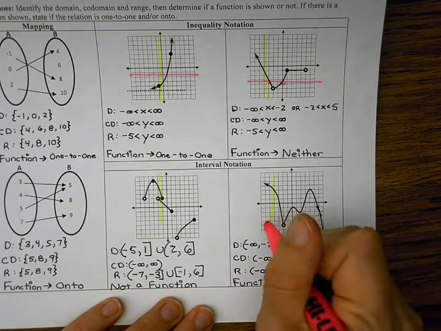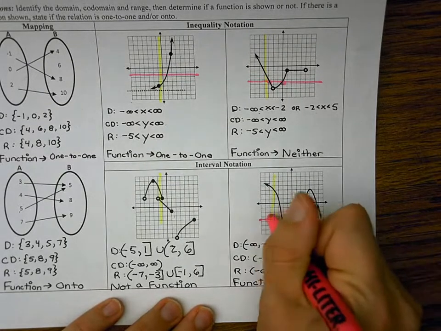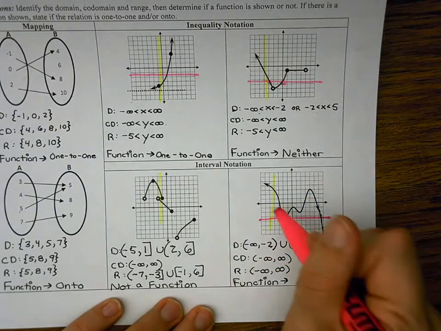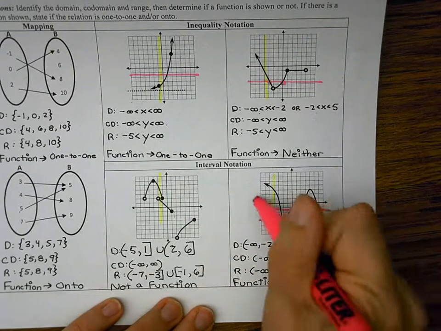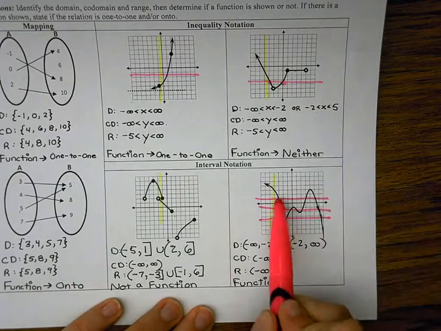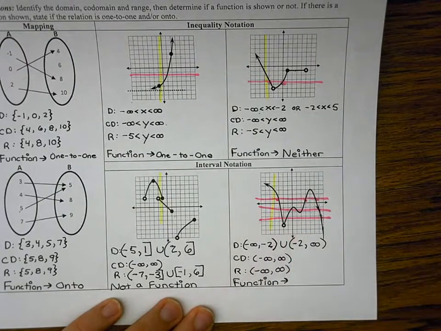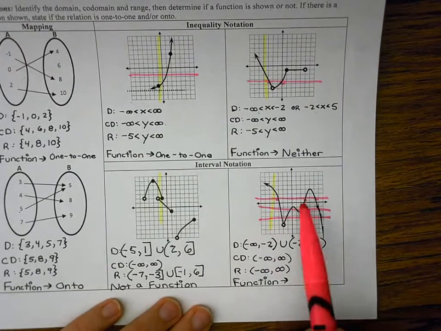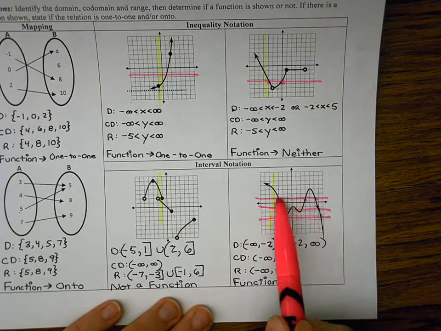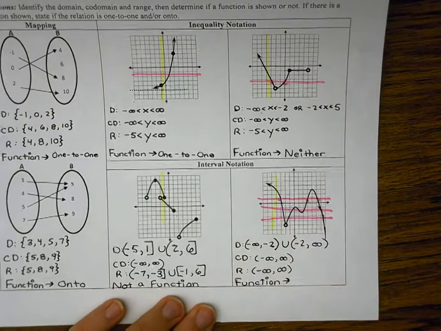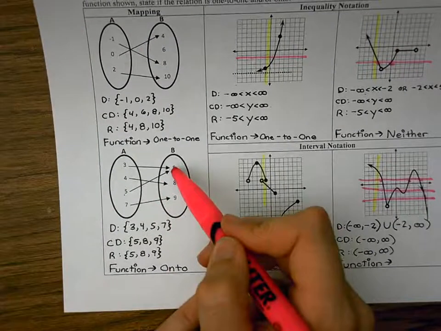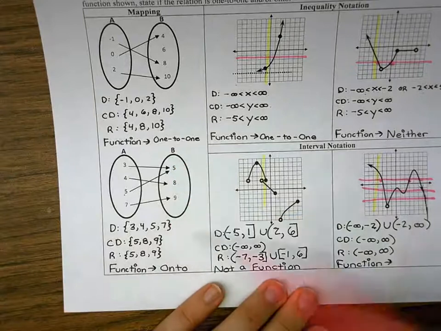Because again, I can only have one. Well, yeah, there's a lot of places where I can hit multiple points, right? All of these horizontal lines hit multiple places on my graph. I have multiple points, and so this y value here at y equals 1 has 3 x values that it goes to. If I were to draw that as a map, x equals 1 would have 3 arrows coming from it. That is not one-to-one.